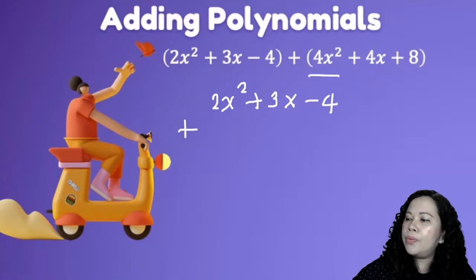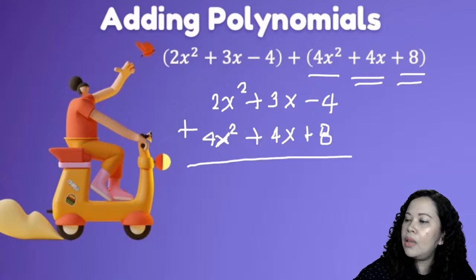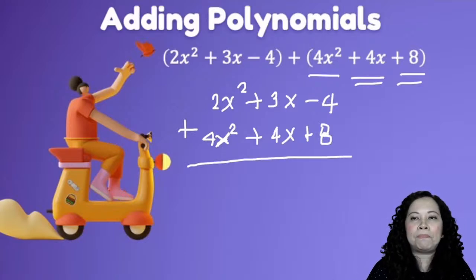So you place 4x squared under 2x squared because they are the same variable. Okay, they are like terms. And then you have plus 4x, same like terms, and then plus 8, the same. And then we place your line.